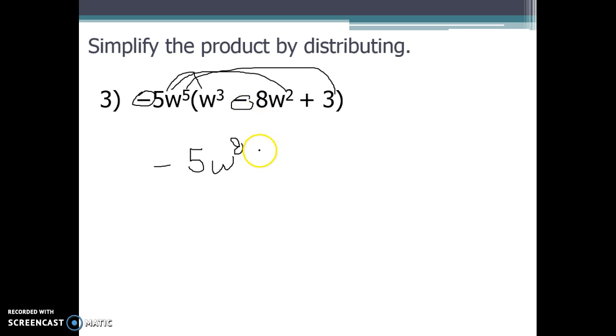So I have to make sure I remember that. 2 wrongs make a right in math class. I am now going to have plus 40w to the 7th. And then last but not least, sorry guys, my mouse is sticking here, I will multiply by the last one and get minus 15w to the 5th. So again, you have to be really careful about your negatives when distributing, like it was before.